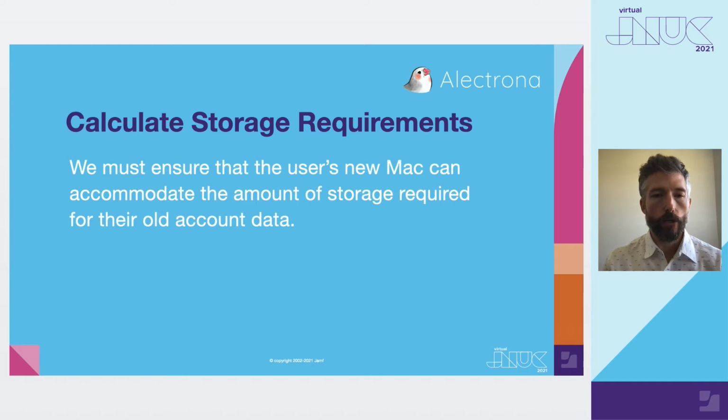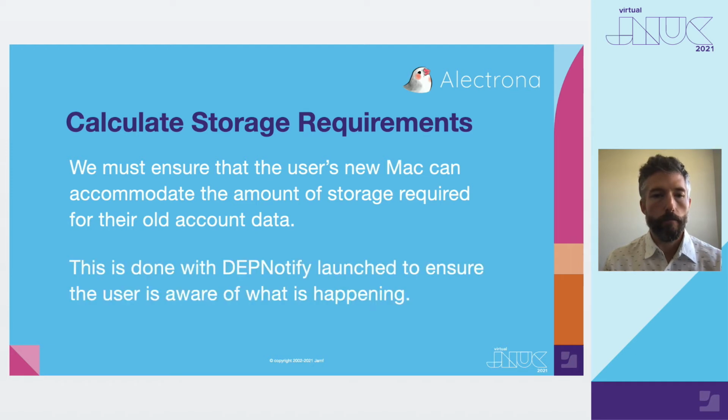So we need to validate the storage requirements first. This is done after we launch DEPNotify, so we can display a bit of progress because this might take a little bit of time. We want to eliminate time during the workflow where the user doesn't see anything on the screen, so they don't think something's not working and maybe shut down or do something drastic like that.